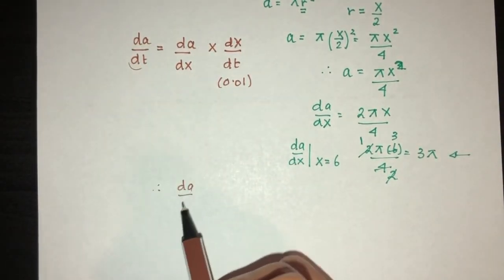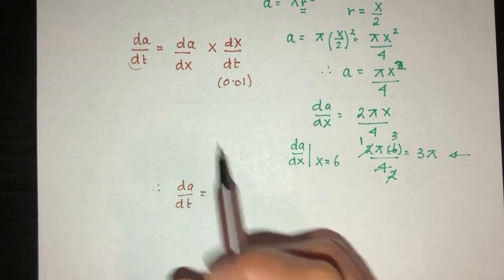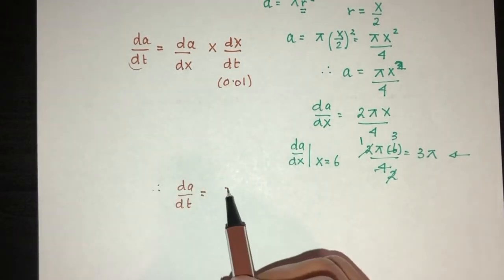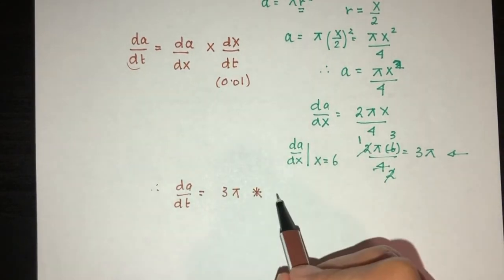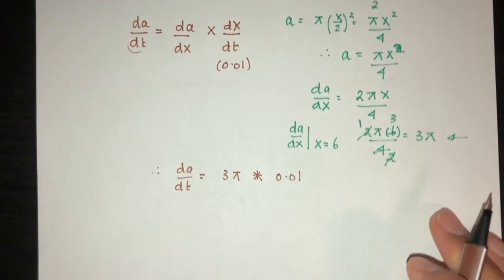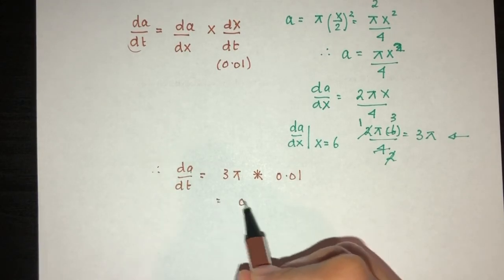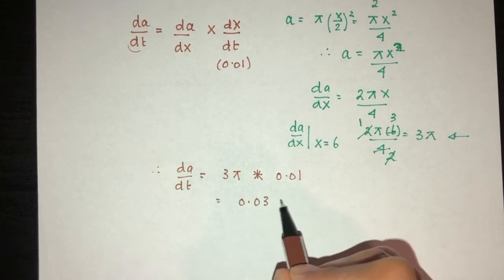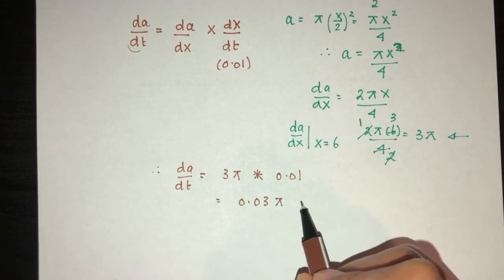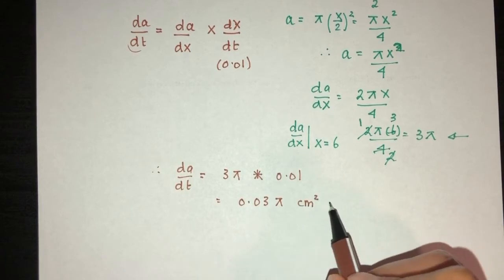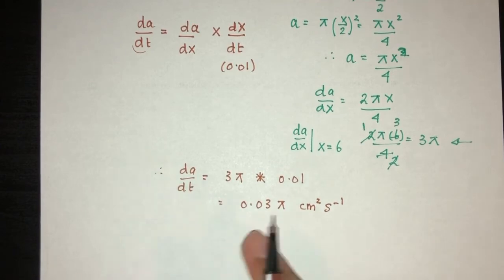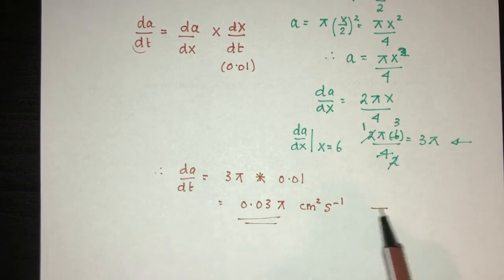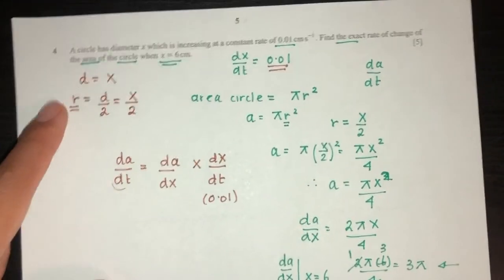So dA by dt is equal to dA by dx, which is 3 pi, times dx by dt, which is 0.01. So your answer will be 0.03 pi. That will be centimeter square per second. That is the unit of area, and that is the rate of change that we need to show. That is your question number 4.